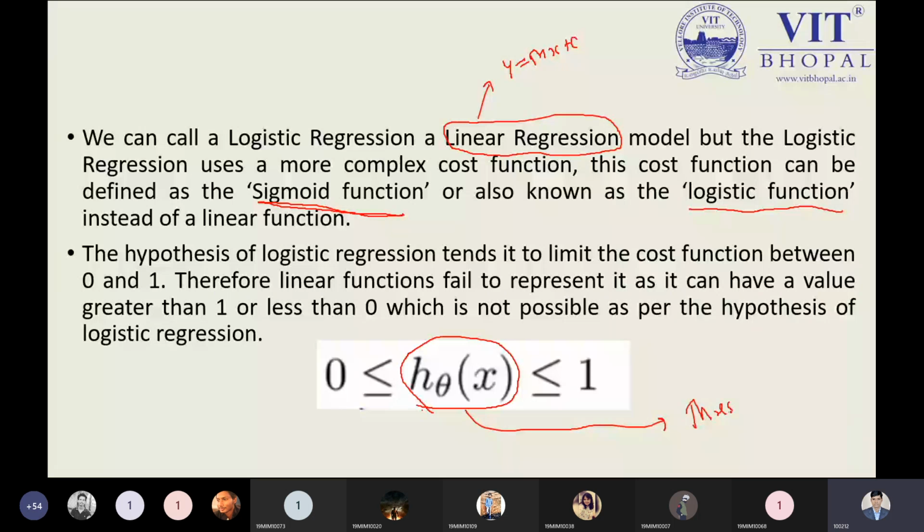In simple words, you can understand this hypothesis of the x variable as just like a threshold value, and we represent only two values, either 0 or 1.